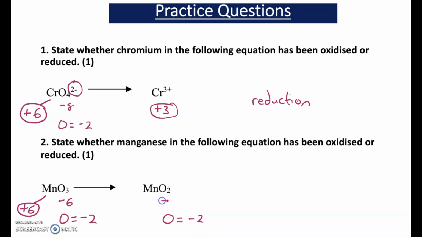So therefore the manganese is a +4 oxidation state. So therefore, during this equation, manganese has gone from +6 to +4. The oxidation state has gone down, so it's been reduced. So therefore, reduction has taken place and the manganese has been reduced. 1 mark for both of these.